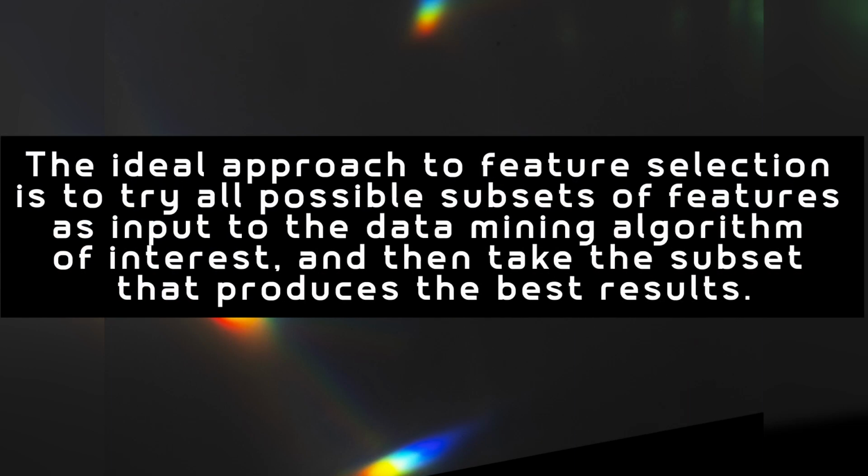While some irrelevant and redundant attributes can be eliminated quite easily and immediately by using common sense or domain knowledge for that particular problem, selecting the best subset of features generally requires a systematic approach. The ideal approach to feature selection is to try all possible subsets of features as input to the data mining algorithm and then take the subset that produces the best results.